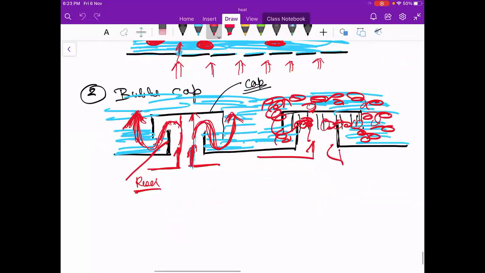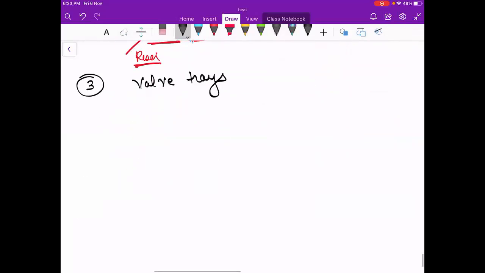So there is a third type also, that is the valve tray. First I will draw the diagram of the valve tray.